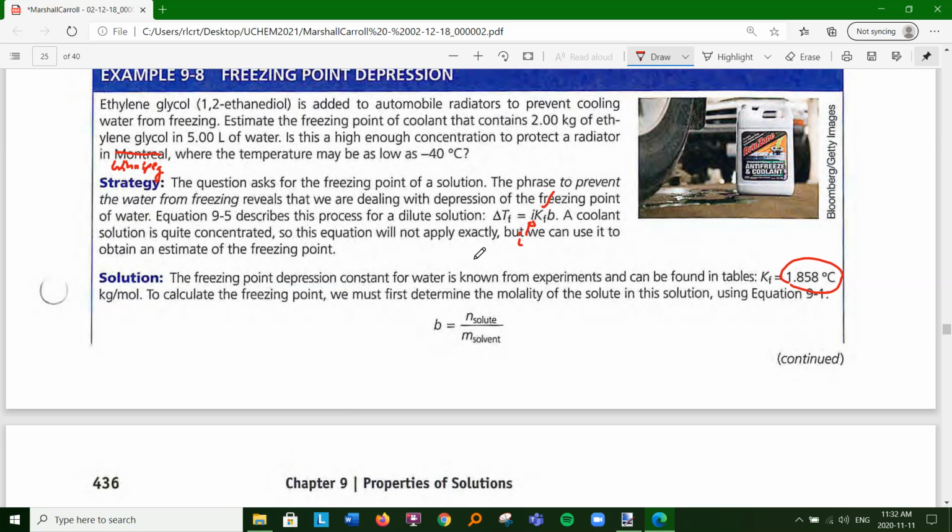We got the KF. Now we got to get the molality. Molality is going to be the moles of solute over the kilograms of solvent.